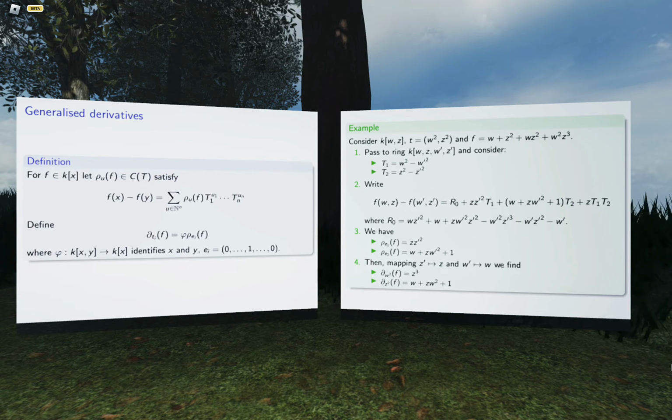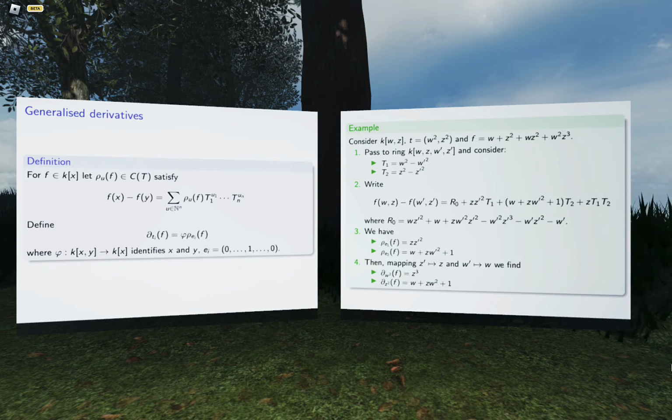And then we're going to pass to the ring where we duplicate each variable. So as well as w, we have w prime, and as well as z, we have z prime. And we're going to consider these differences. So in this case, t1 is w squared minus w prime squared, and t2 is z squared minus z prime squared.